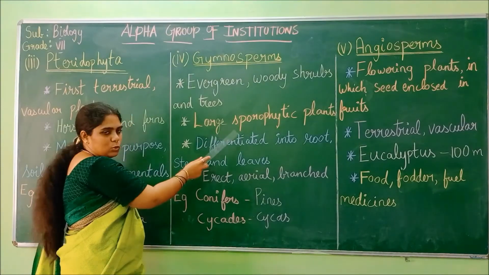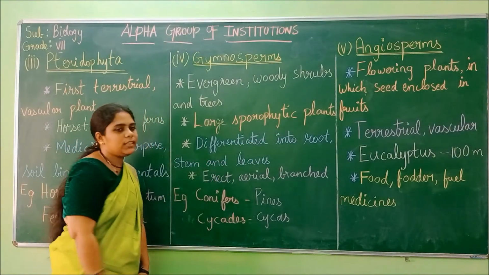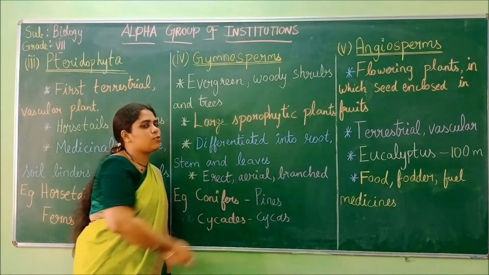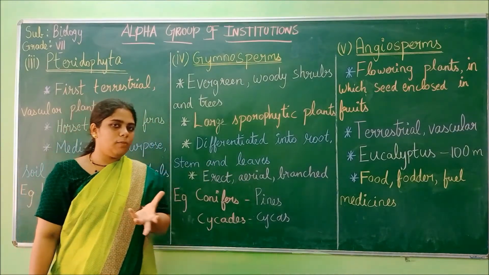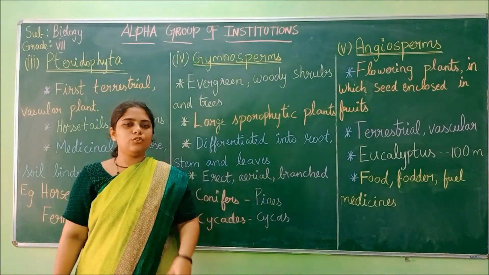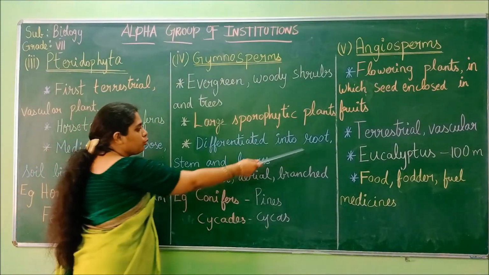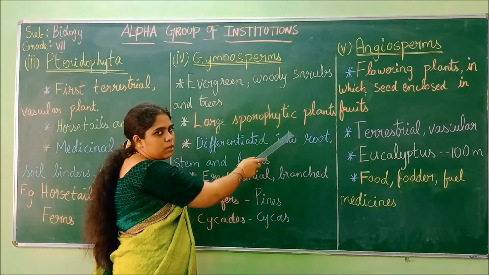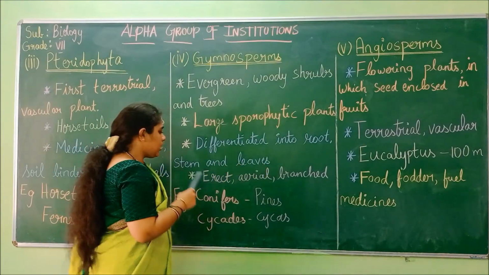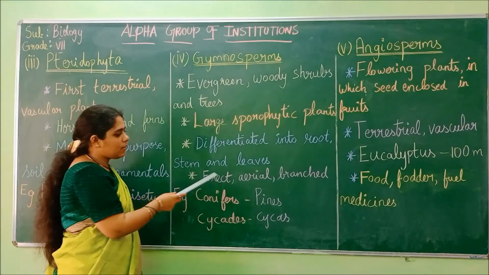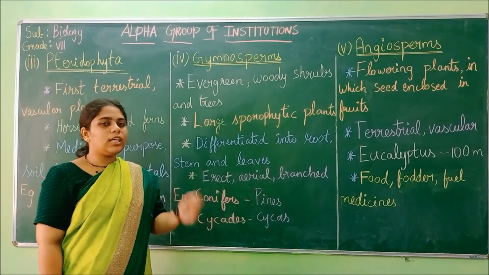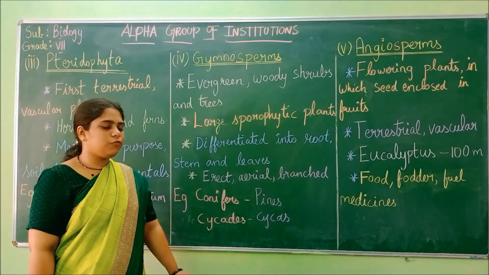They are differentiated into root, stem and leaves. It is not a whole mass; it is differentiated into parts. The root does the absorption from the soil, the stem holds up the plant, and the leaves do photosynthesis. Each part has its own function.